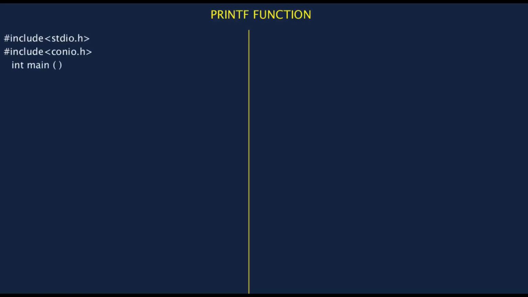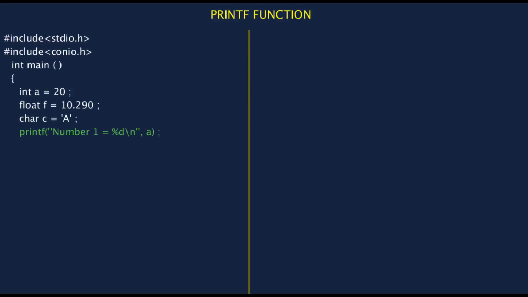Then our main function starts, int main. Int is the return type of the main function. Then curly braces open. Then we declare a variable a of type int and its value is 20. And then a floating point variable f and its value is 10.290. And a character type variable c and its value is a.